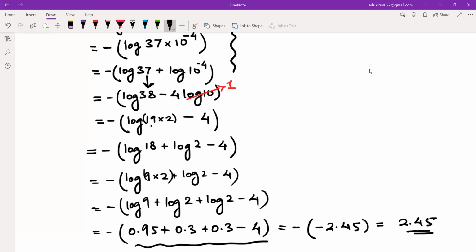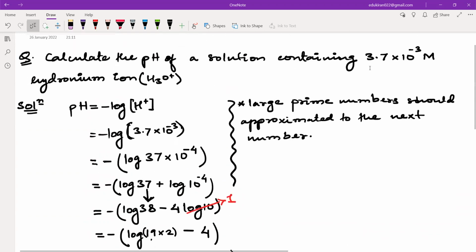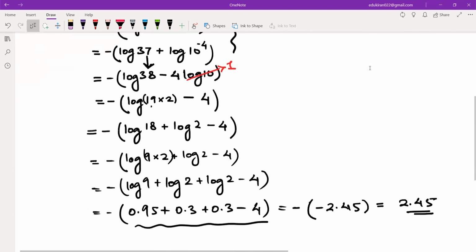Yes or no? Okay. So now we can use the calculator and somebody calculate minus log of 3.7 into 10 to the power minus 3.